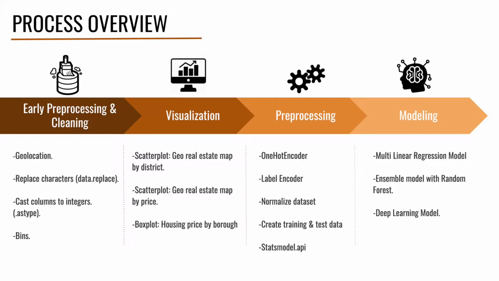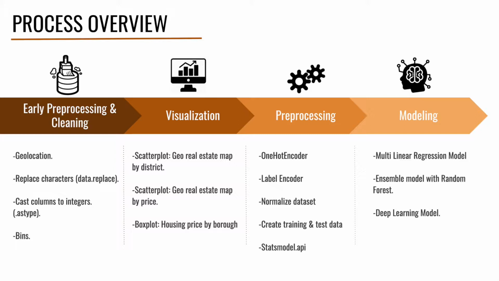We used 4 different steps for our project: early pre-processing and cleaning, visualization, pre-processing, and modeling. Early pre-processing and cleaning included cleanup of geolocation data, replacing characters, casting columns to integers, dropping columns that were empty, and creating bins.